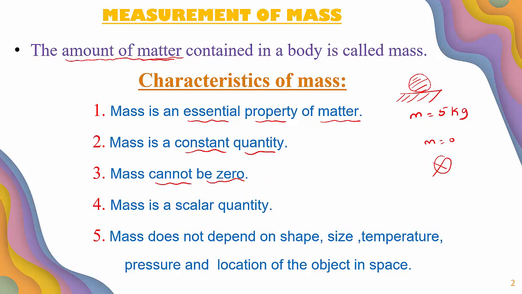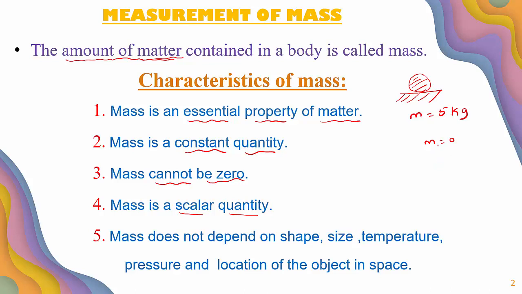Then come to the fourth characteristic. Mass is a scalar quantity. Scalar quantity in detail you are going to study in the chapter motion in a plane, that is chapter 4. Scalar quantity means the quantity which is having only magnitude but no direction.